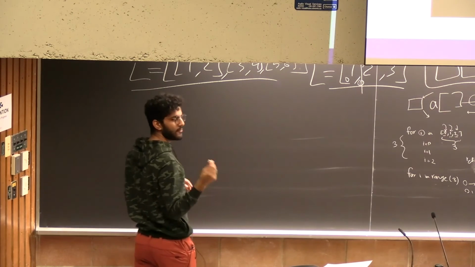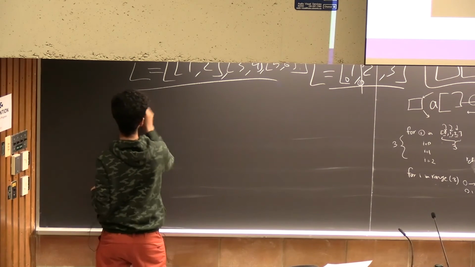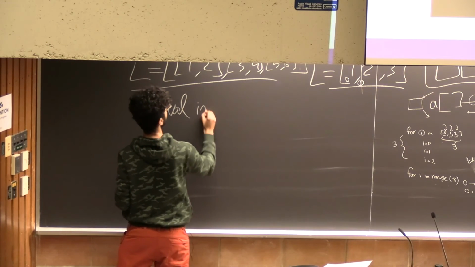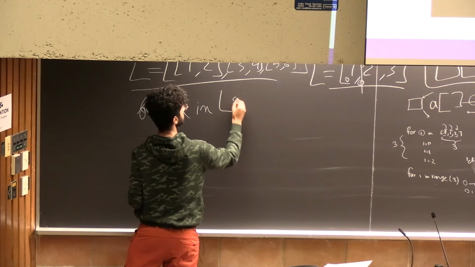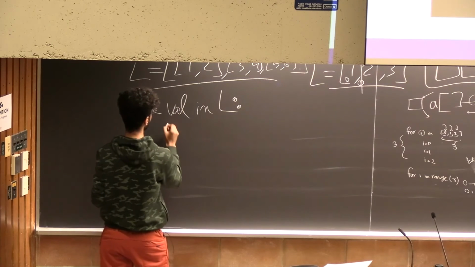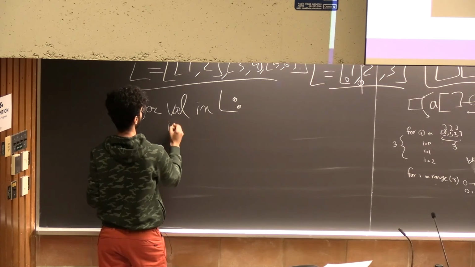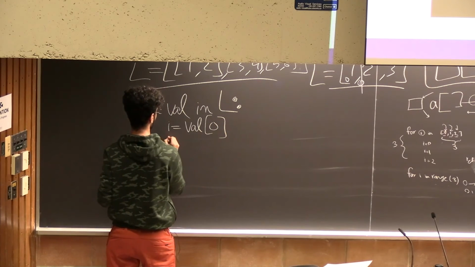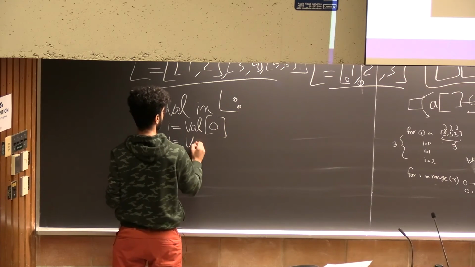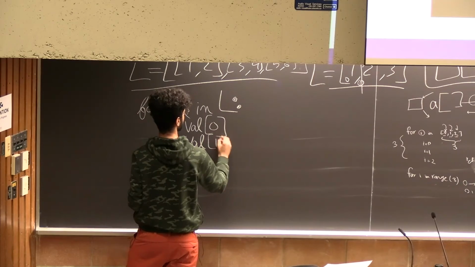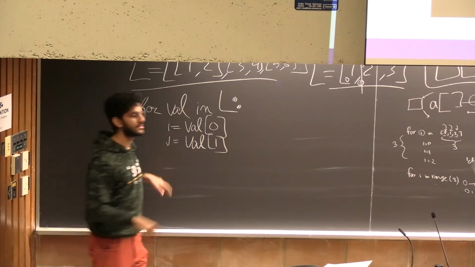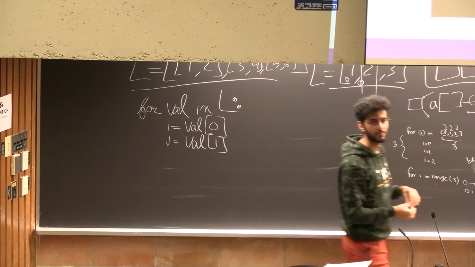What you usually would have done is for val in L, and then i is equal to val at 0 and j is equal to val at 1. This is basically the same thing in shorter form.